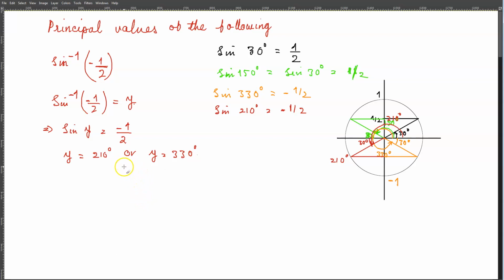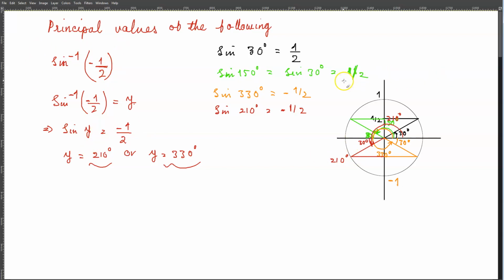Now, the problem here is that this y has to be in the range of the sine inverse function.